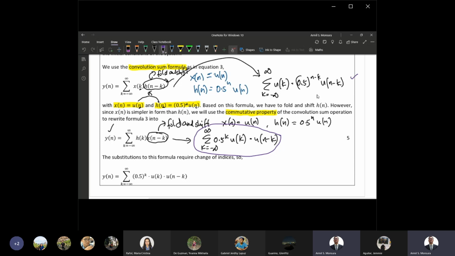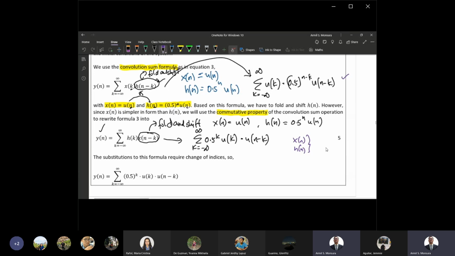So, instead of actually using this, we will use this. Or we will proceed with the solution using this from this point. Okay? So, that's the thing about the commutative property of the convolution sum. Pwede niyo tingnan between the operands between xn and hn.